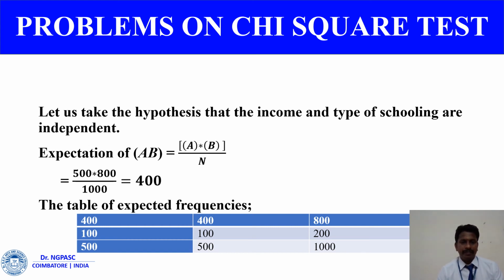The third entry, column total 500, row total 200, 500 into 200 divided by 1000 is equal to 100. Last entry, that is the fourth entry, column total 500, row total 200, 200 into 500 divided by 1000, we get 100.